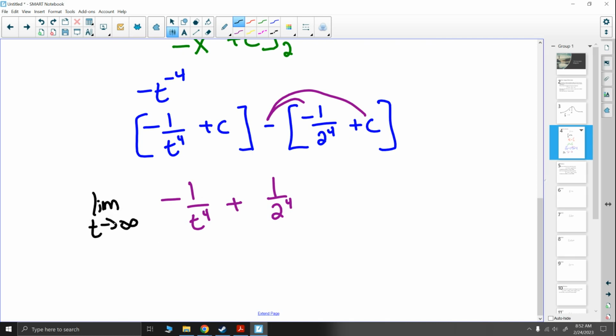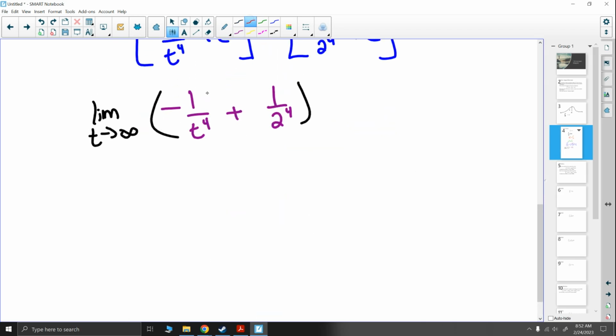So we have negative 1 over infinity to the 4th, plus 1 over 2 to the 4th. 2 times 2 is 4, times 2 is 8, times 2 is 16. Now, if you recall, infinity to the 4th is just infinity, and a constant divided by infinity is 0. So we end up with 0 plus 1/16, which is 1/16.